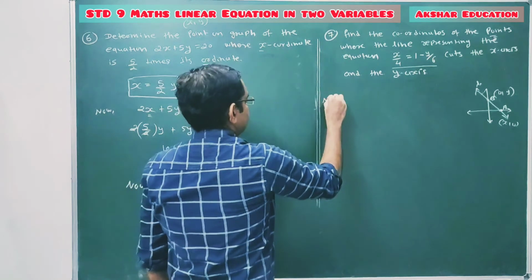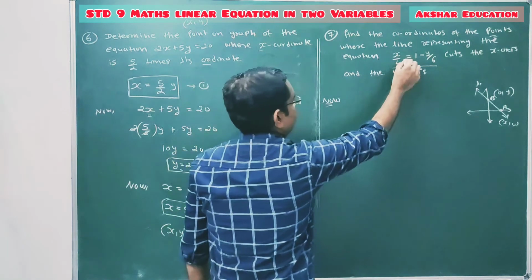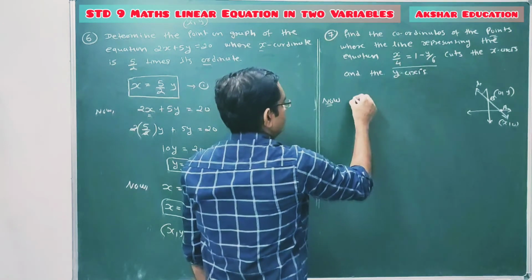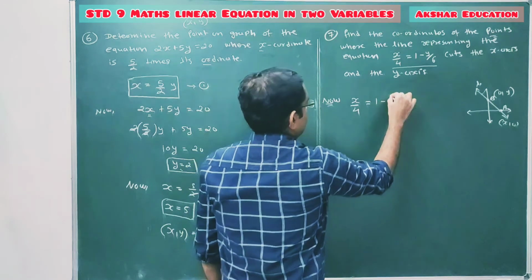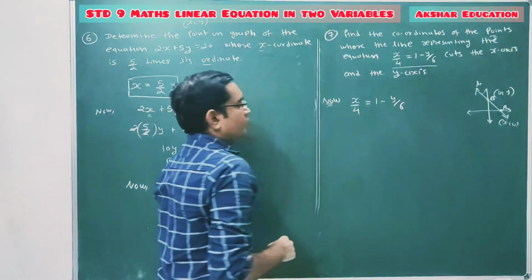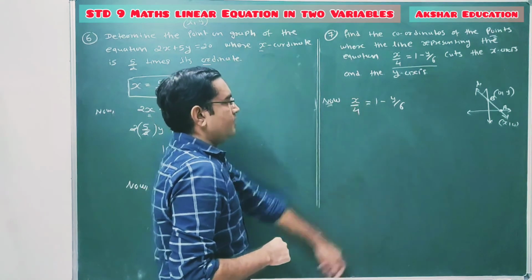So now first write down the equation of our graph. That means the linear equation in two variables, which is x by 4 equal to 1 minus y by 6. You can also write this equation in simplified form, otherwise keep it as it is.